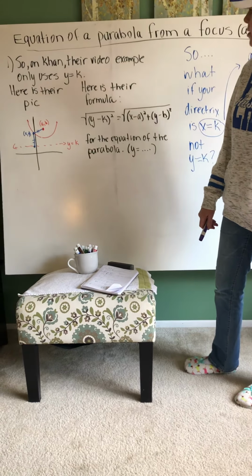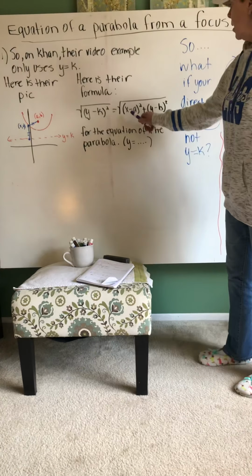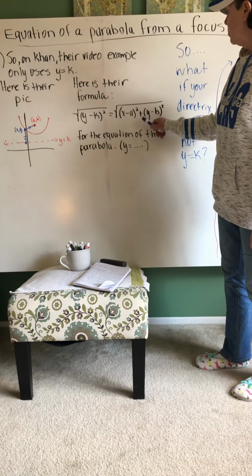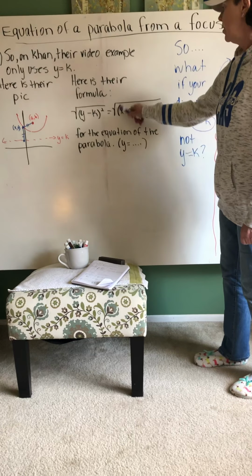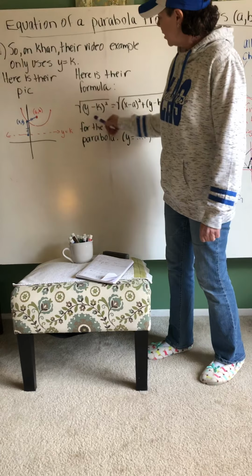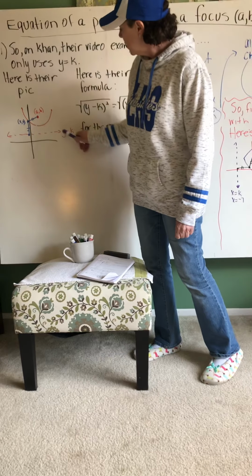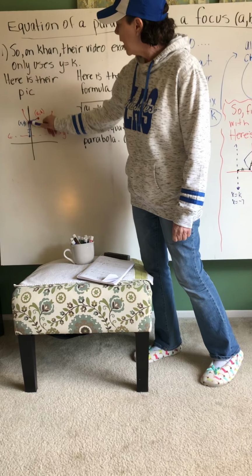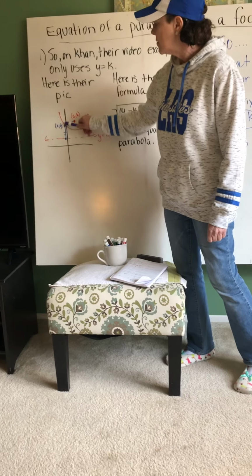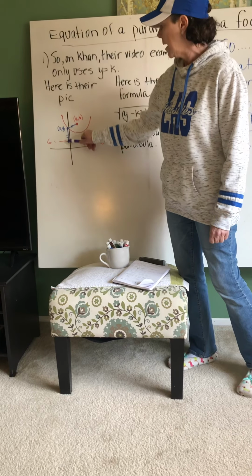So what they did here between this point and the focus is they just did the distance formula: the square root of x minus a squared plus y minus b squared. And on the other side, this is y, they have y minus k. So this line is y equals k, and notice it's vertical, so its distance is just y minus k, right?